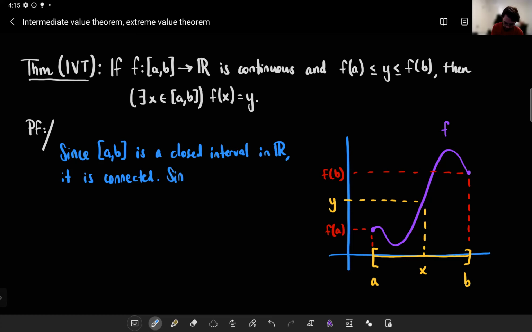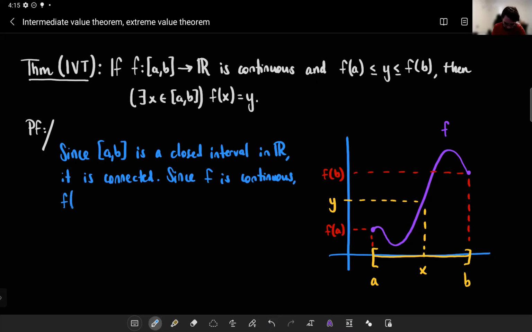And what else? Well, since f is continuous, what do we know about continuous functions applied to connected sets? Well, we know they map to other connected sets. Connectedness is preserved by continuous functions.